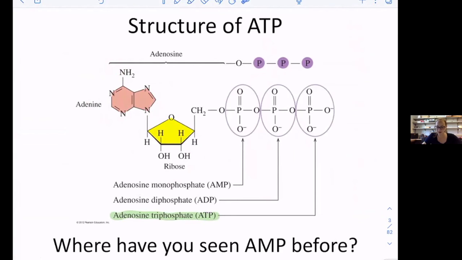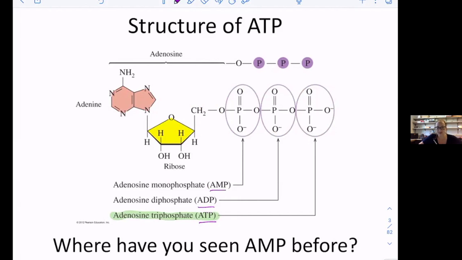And then now on the C5 prime position, we have 3 phosphate groups, 1, 2, 3 phosphate groups with phosphate diester bonds. So if you have 1, it's called adenosine monophosphate, or AMP. If you have 2 phosphates, it's diphosphate. If you have 3 phosphates, triphosphate. And that's where you get all of these abbreviations from. So ATP and ADP, the only difference is 1 phosphate group on the end.